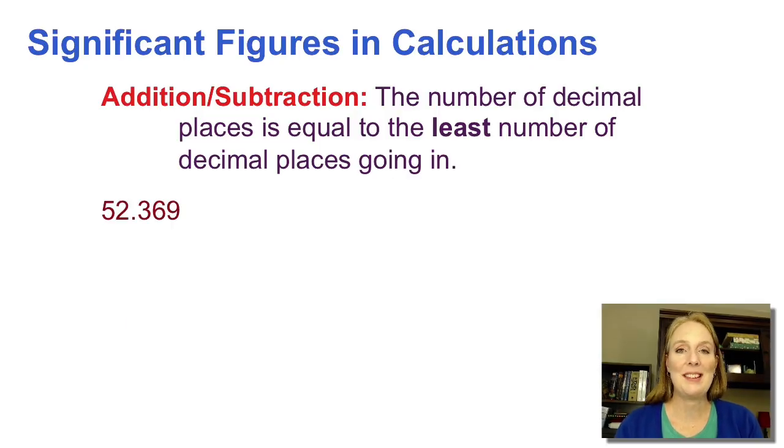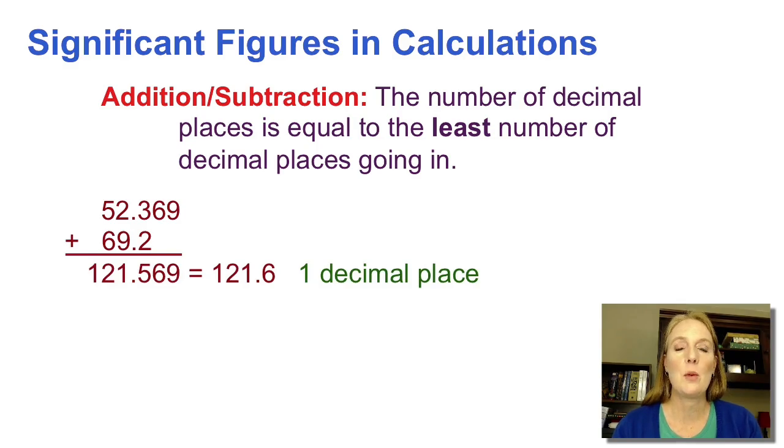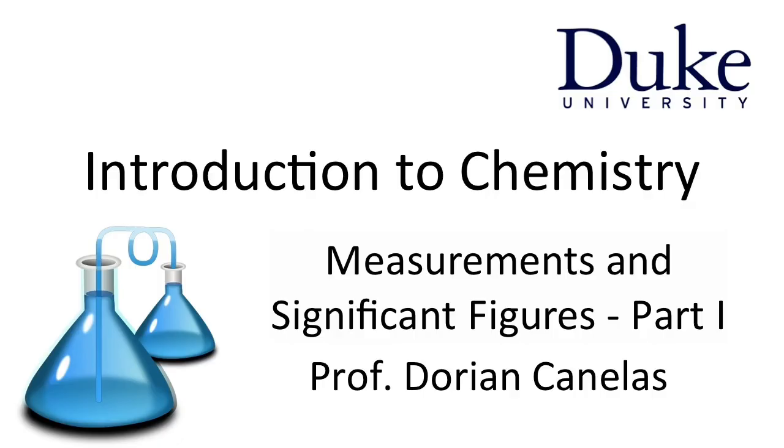For example, let's take the number 52.369, which has 5 significant figures, and add to that the number 69.2, which has 3 significant figures. If we just added up all those digits, we'd get an answer of 121.569.